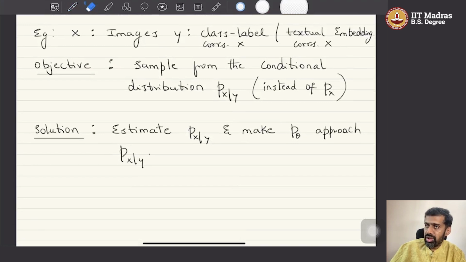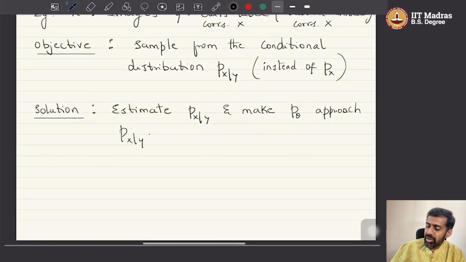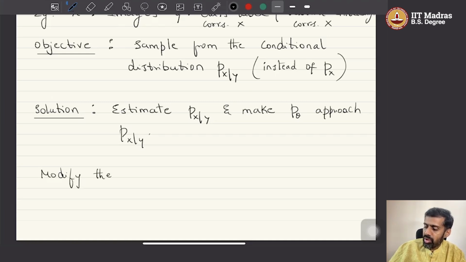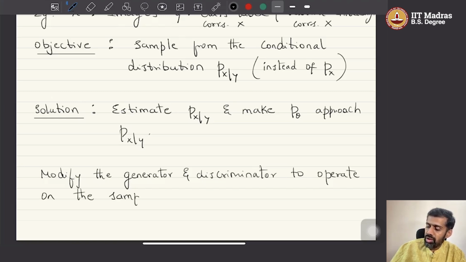Now how do we do this algorithmically? It's pretty simple. What we need to do is modify the generator and the discriminator to operate on samples of the conditional distribution.